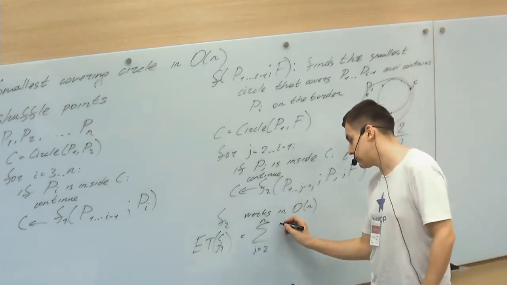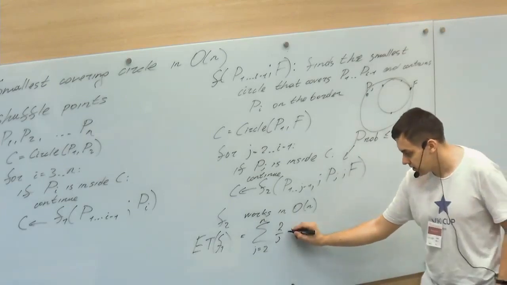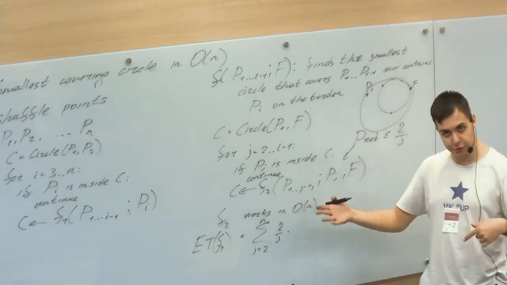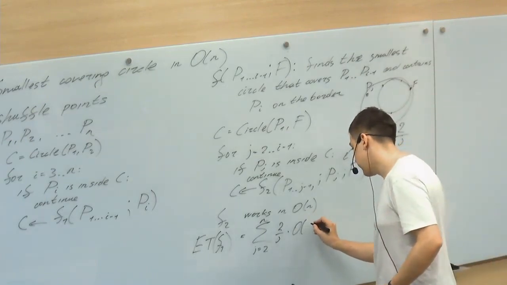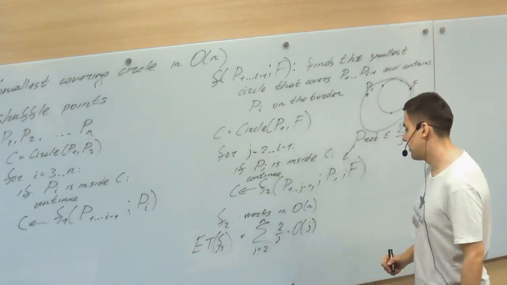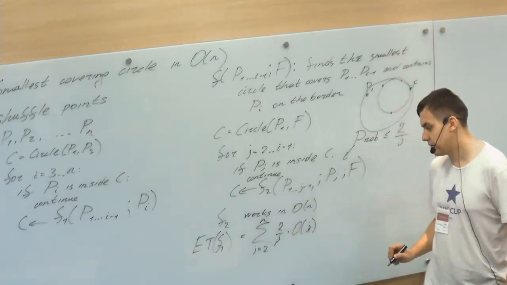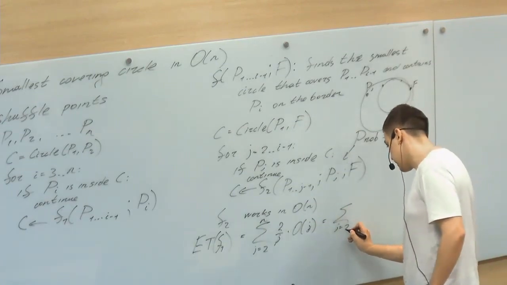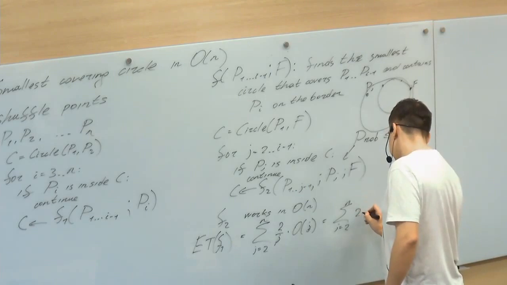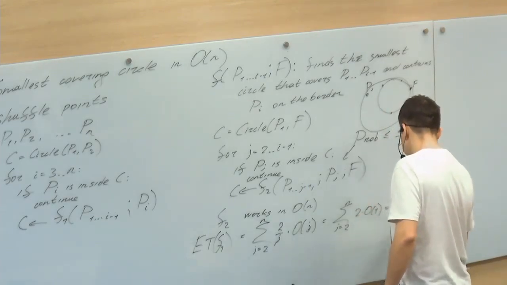The probability is 2 divided by j times the recursive call for f2 on j points, and it's linear, so times big O of j. So you can see that the j's cancel out, so it's a sum of 2 times the constant, so it's linear runtime.